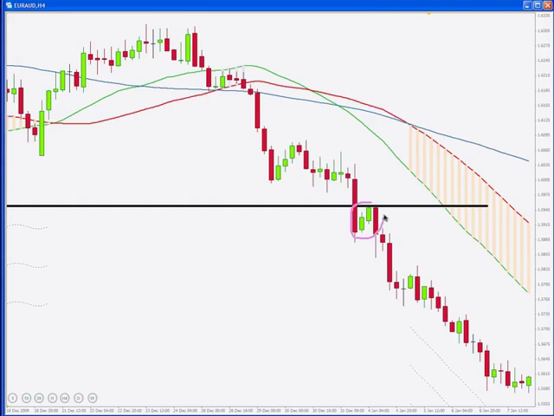Now, one quick note as far as the pullback goes. The number of bars within the pullback varies significantly. You can see tight breakout pullback continuation patterns where the pullback is formed by one single bar, literally a 1 bar pullback.